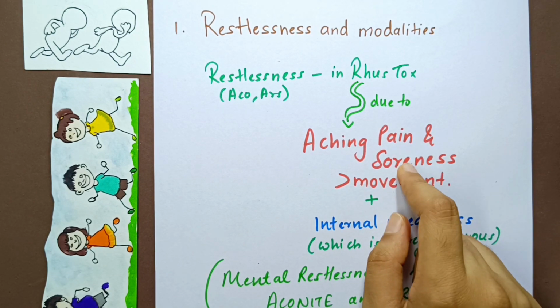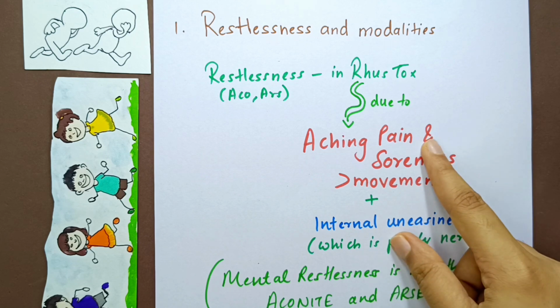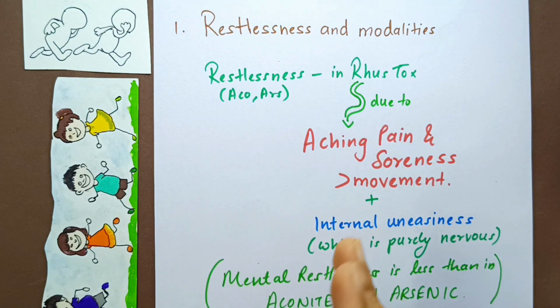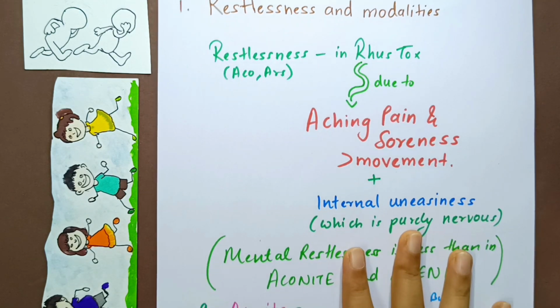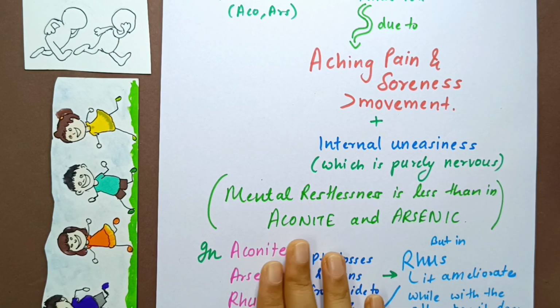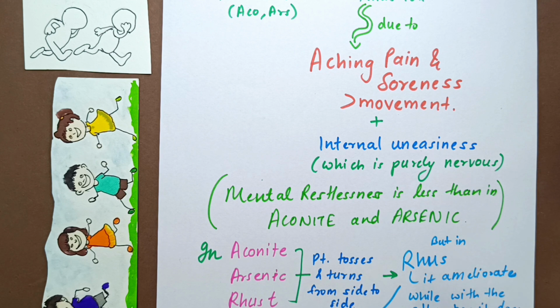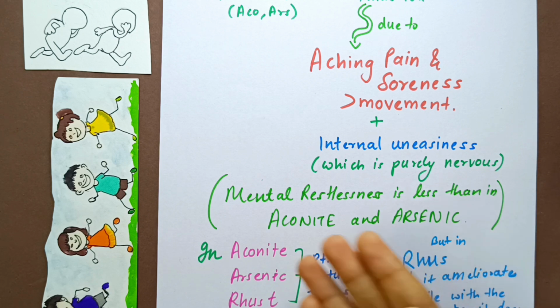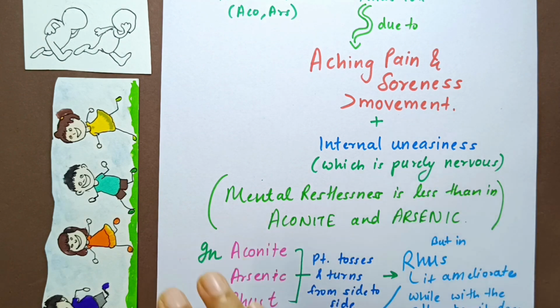Both these factors will finally lead to Rhus Tox being restless. Then he mentions that the mental restlessness is less than in aconite and arsenic. Rhus Tox is not so restless mentally, it is more physically restless, but aconite and arsenic are much more mentally restless than Rhus Tox.